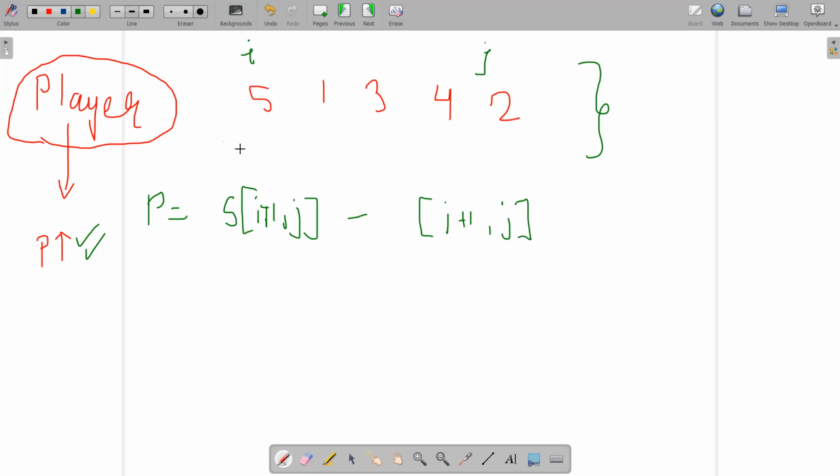If a player has chosen a particular element, either from the leftmost or from the rightmost, then his or her score is this one, right? And I need to subtract it out, since we need to find the difference AS minus BS, and the new segment is this one. This is the particular player's score and this is the opponent's score, right? So I need to write out this statement.